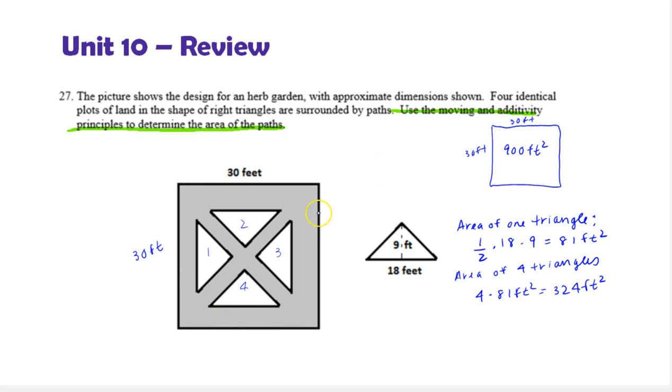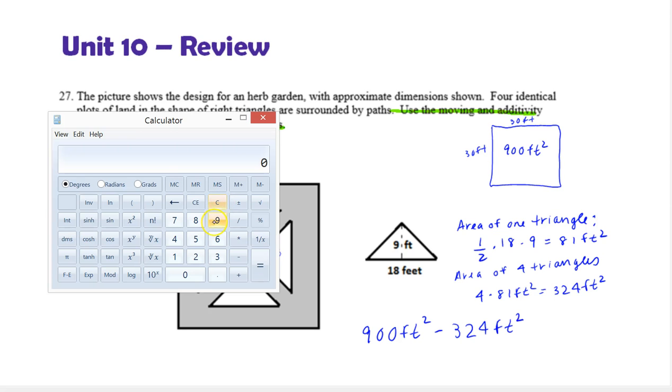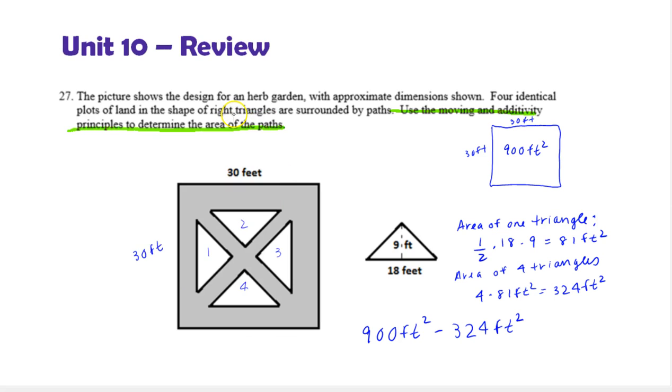So if our larger square, including the triangles, equals 900 square feet, and the triangles, which we want to take out, is 324 square feet, to find our final area, we have 900 feet squared minus 324 feet squared. Okay, and I think that's 576, but let's just use the calculator to be extra careful. 900 minus 324 is 576 square feet. And that's our final result.